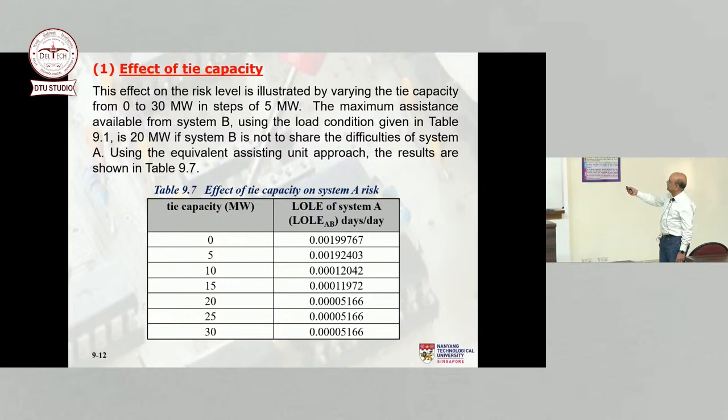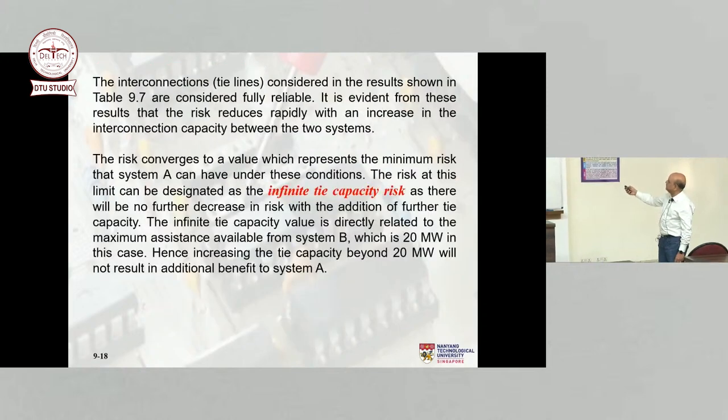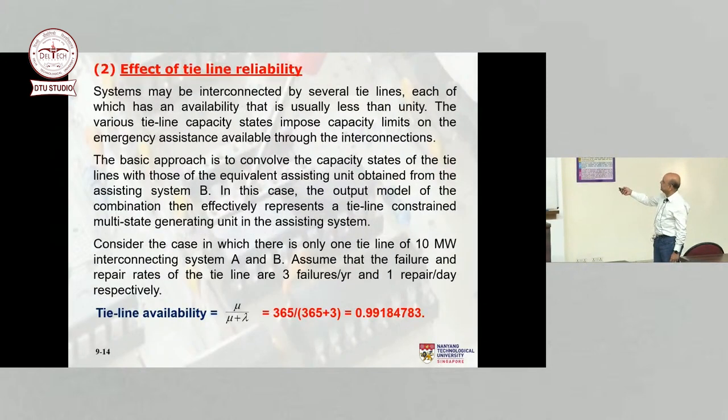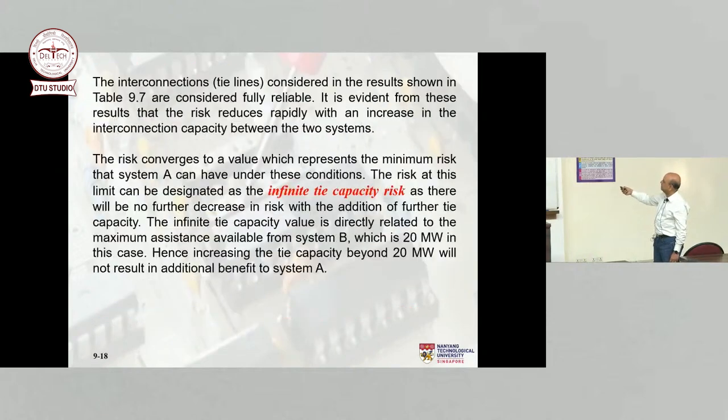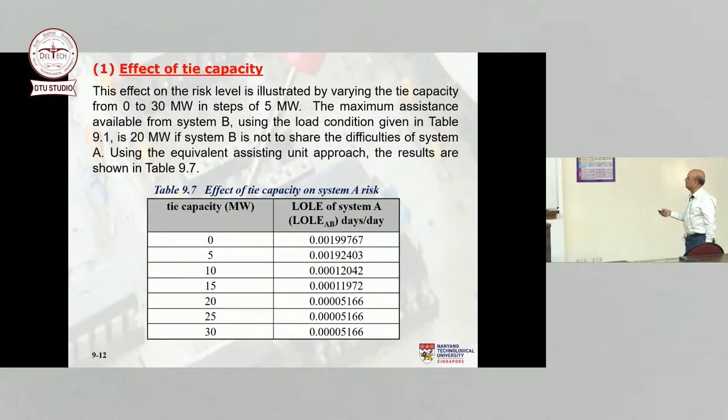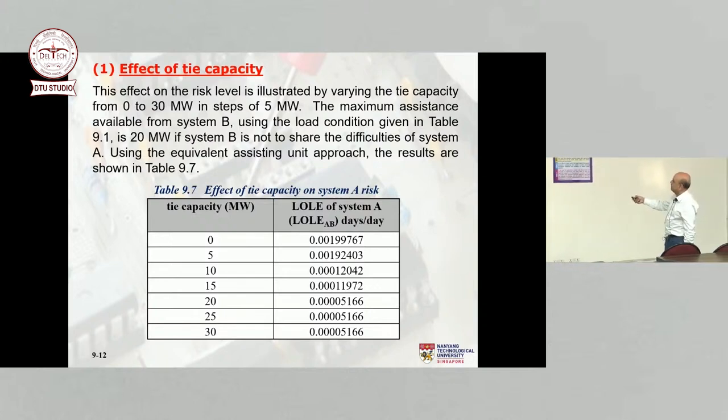What was the risk before? Here. More than 20, right?